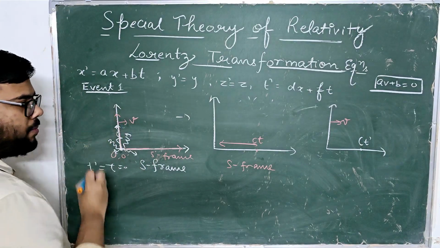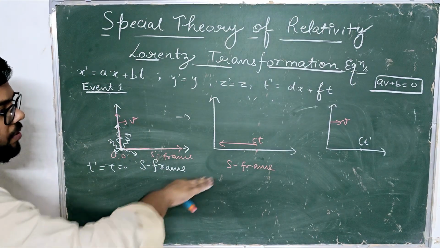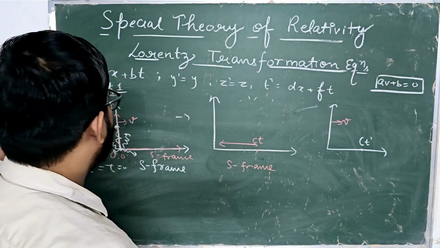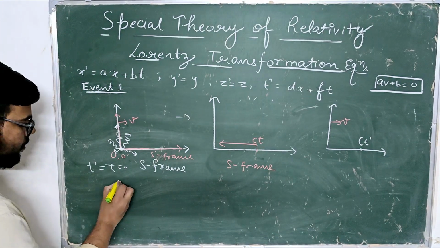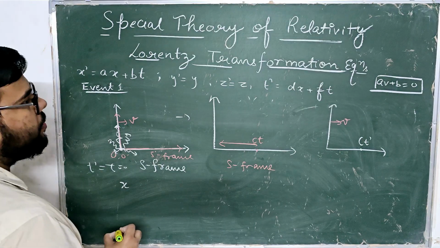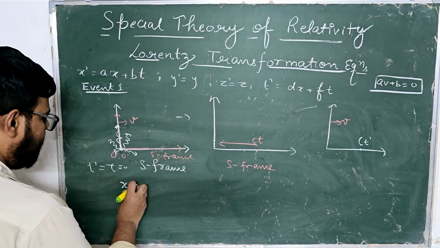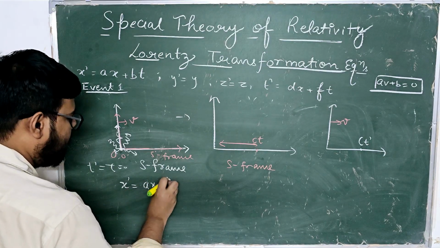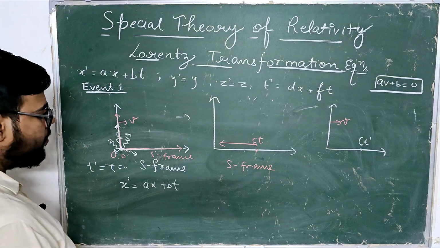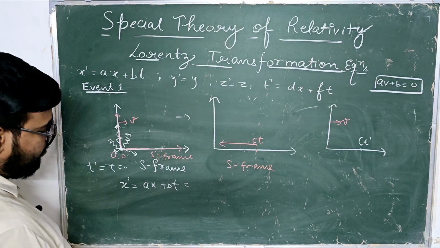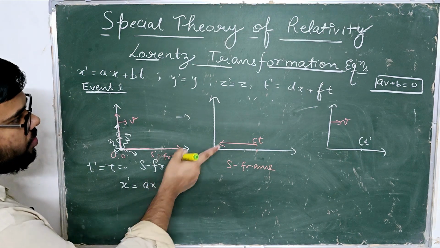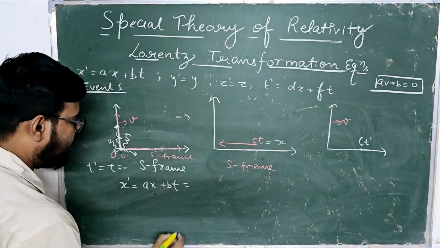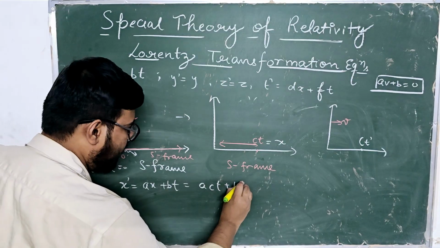Correct. And of course this is the x-axis. We all know it. So now let's write over here x prime is equal to ax plus bt, right? Now what is x? So x is equal to ct, so act plus bt, correct?